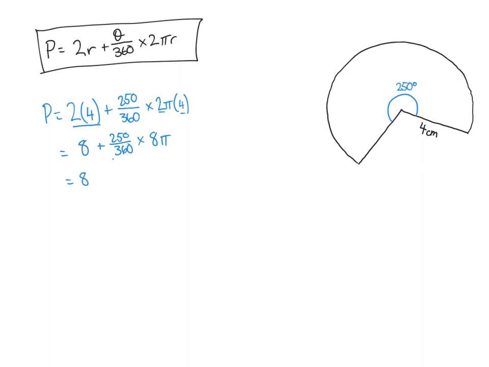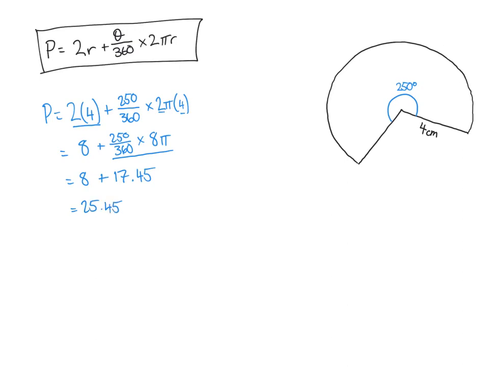So I'm going to work out this part first, so I would have 8 plus 17.45. I'm just going to round off to 2 decimal places. The next number was a 3, so I'm going to leave it as a 5. And 8 plus 17.45 is 25.45.